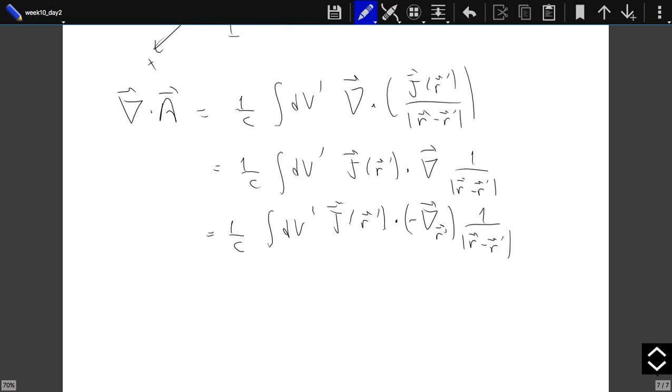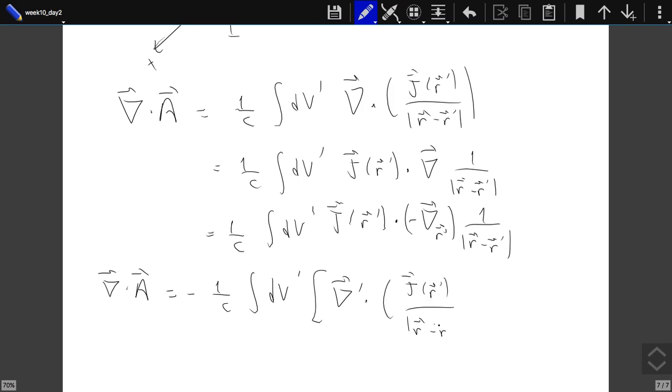Now I can do an integration by parts. So the divergence of A will be equal to minus 1 over c dV prime, the divergence prime of J of r prime divided by r minus r prime, minus the divergence of J divided by r minus r prime.